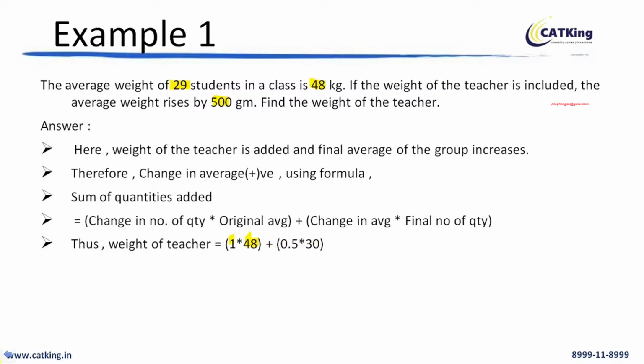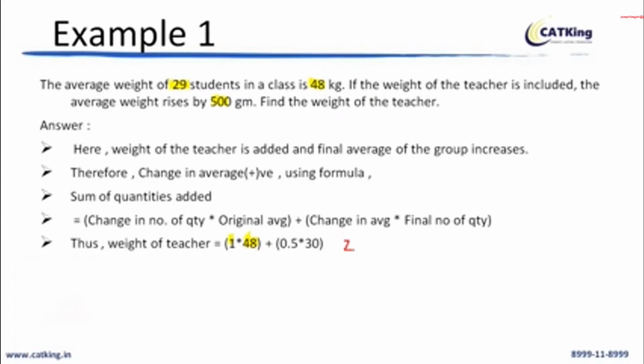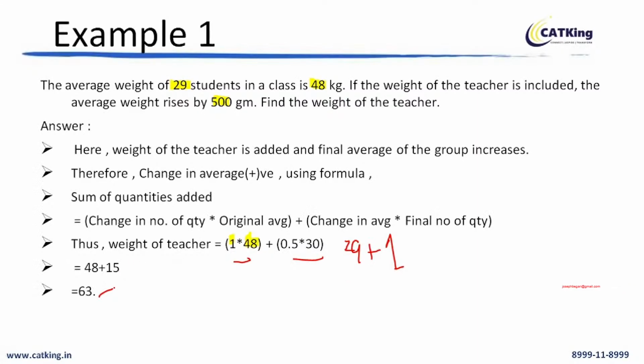Final number of quantity will be 30, because 29 students plus 1 teacher. After solving this, 0.5 into 30 gives you 15. So 48 plus 15, 63. So this is the weight of the teacher.